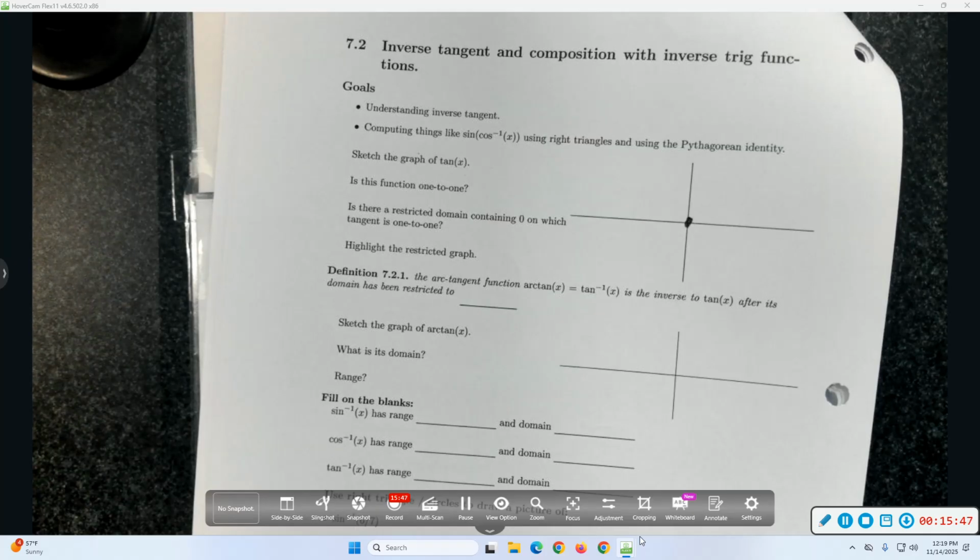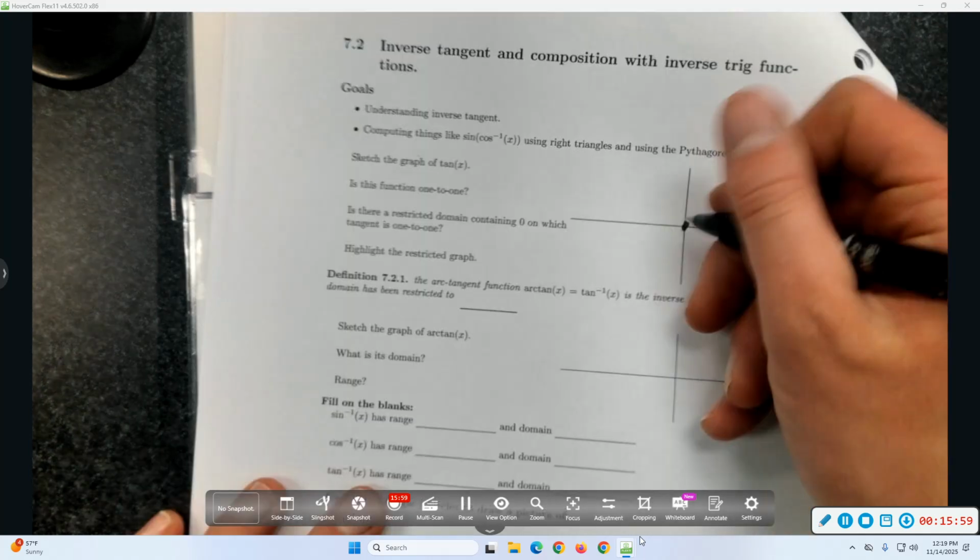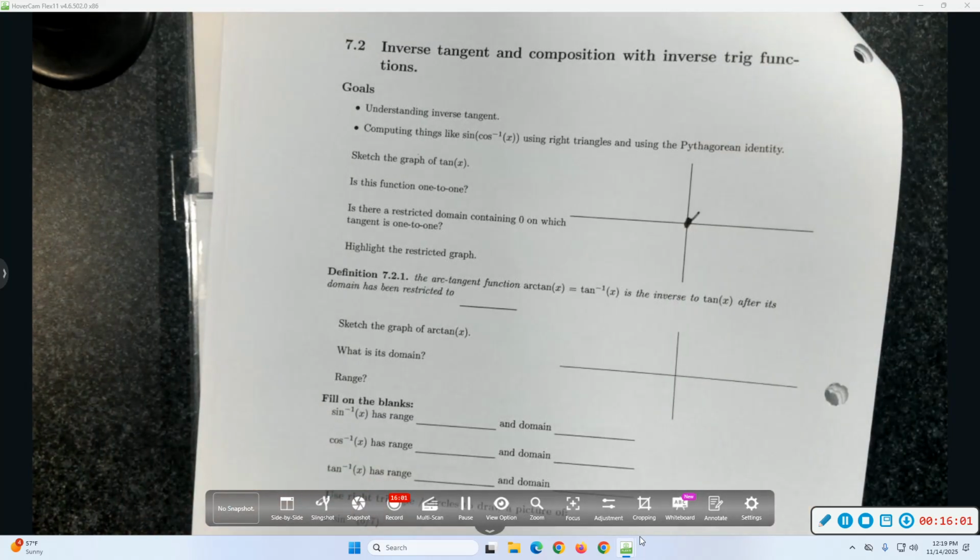And now the angle starts going up. Is my arm's slope positive or negative at this point? Positive. So tangent of a slightly positive number becomes positive. And it keeps going up, keeps going up. At a right angle, what's the tangent?